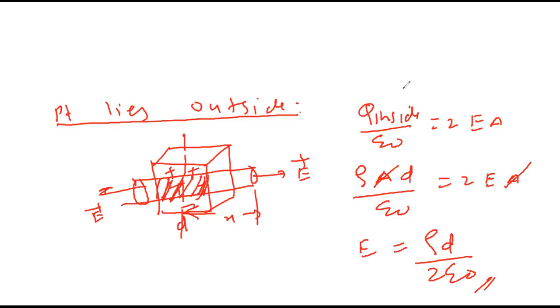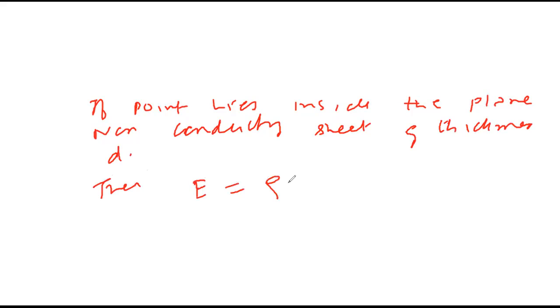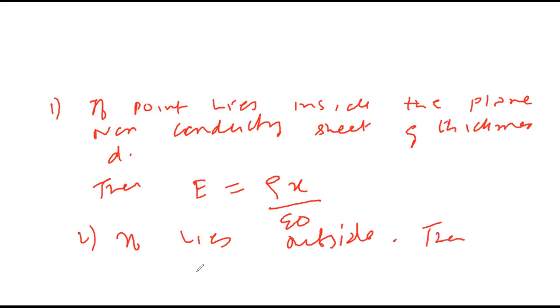Everybody has done? Yes, sir. So if a point lies inside the plane non-conducting sheet of thickness d, then E we got as rho x upon epsilon naught. If it lies outside, then E is rho d upon 2 epsilon naught.